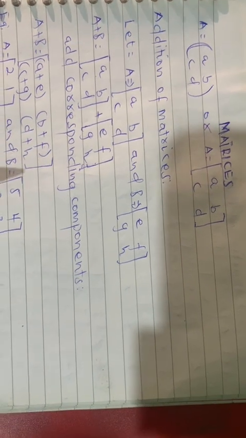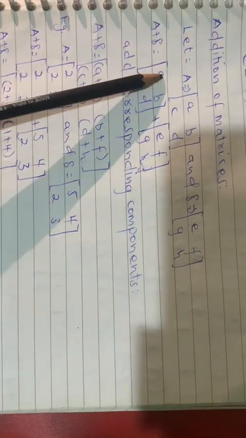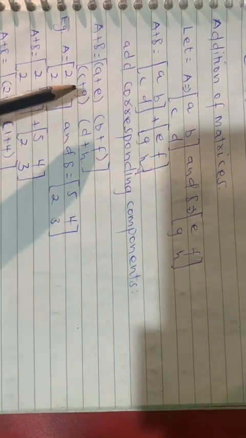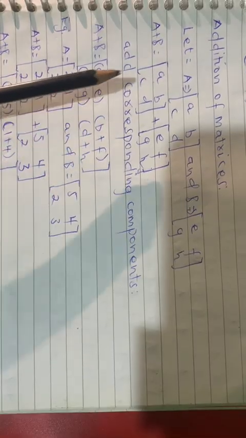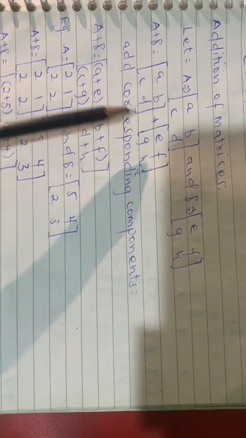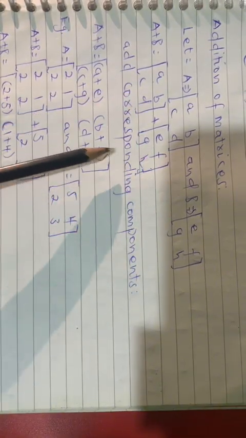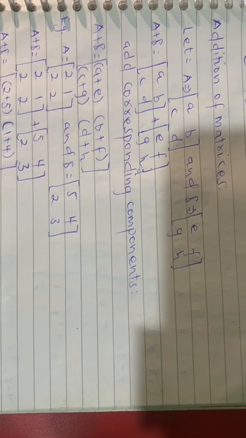You get it? That's how we perform the addition. A will add to E. That's what I've done here: A plus E, then B plus F, then C plus G, which is this, and D plus H.